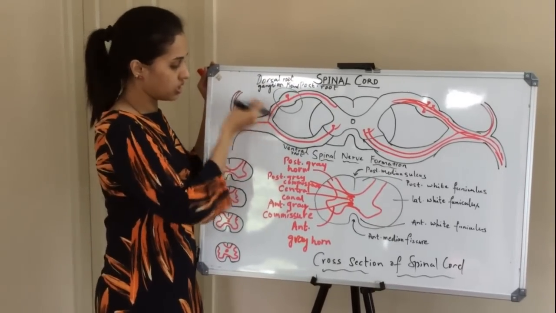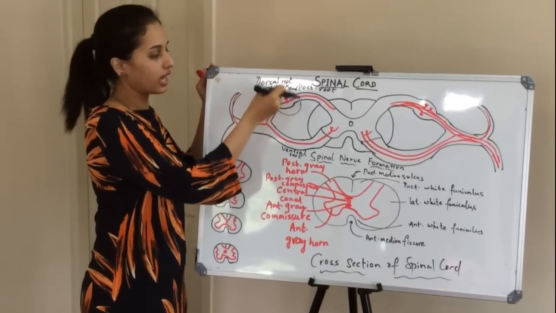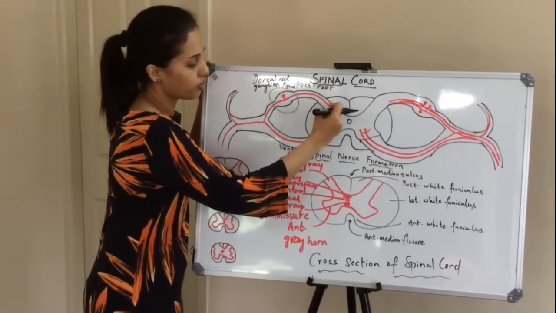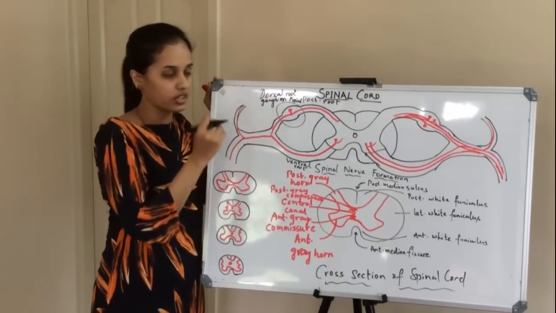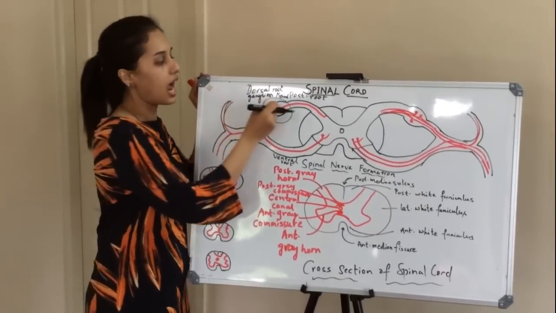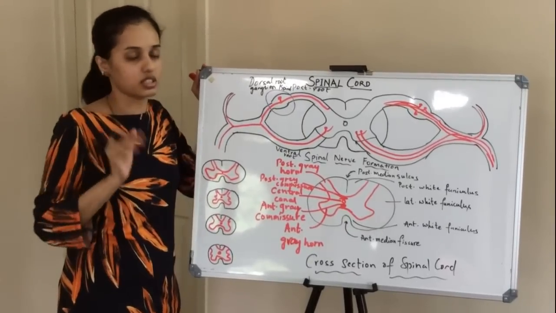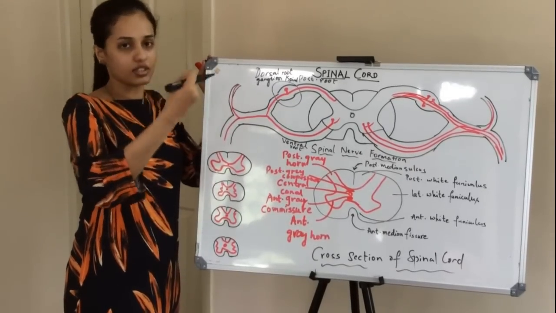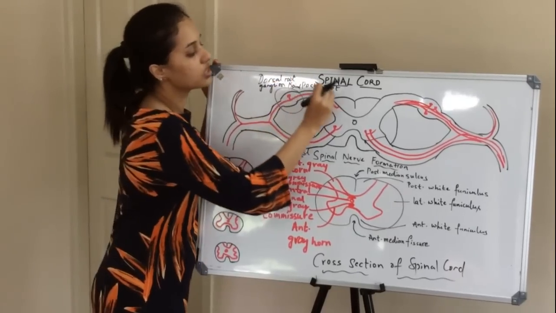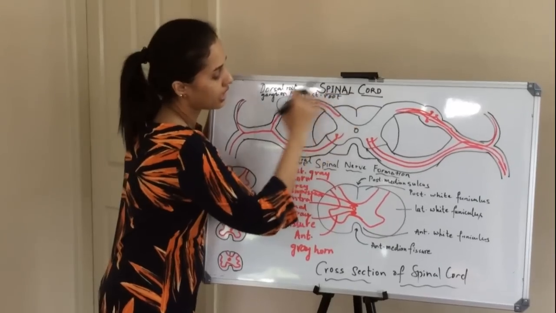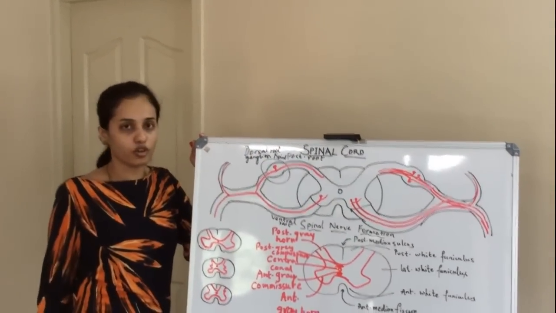The peripheral process carries the sensation and moves towards the cell body, and the central process carries the information and enters the spinal cord. The peripheral processes are connected to the sensory receptors which are present in our body. They carry the sensory information, enter the ganglia, the neuron. Then through the central process, the information is carried towards the spinal cord. So this is one of the features in the spinal nerve formation.